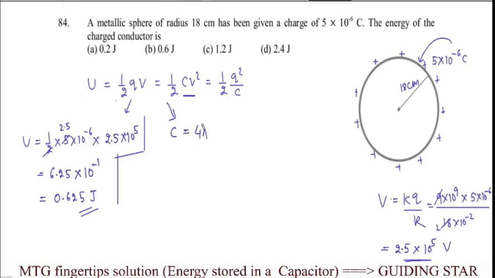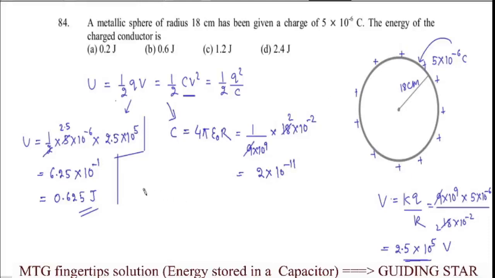The formula is 4 pi epsilon naught into R. 4 pi epsilon naught is nothing but 1 by 9 into 10 to the power 9, and the radius is 18 into 10 to the power minus 2. So it will be 2 into 10 to the power minus 11.